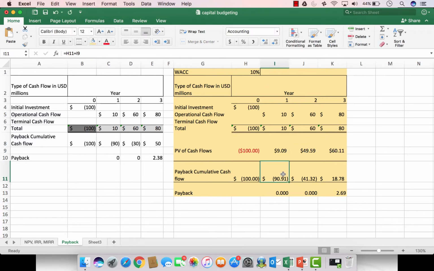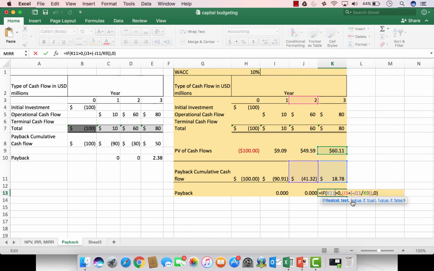Now I calculate the cumulative, just like you saw me doing on the other side, the $90 plus the 49, the $41 plus the 60. And again, we know that the fraction here should be 41 over 60, and that's what we're doing, but we're putting a logic statement to make sure that this is positive. I hope this works for you guys.